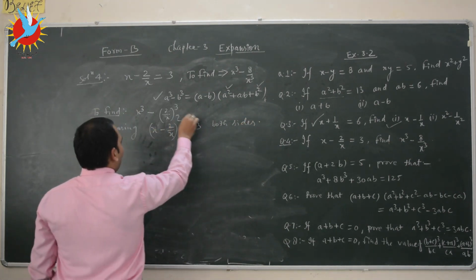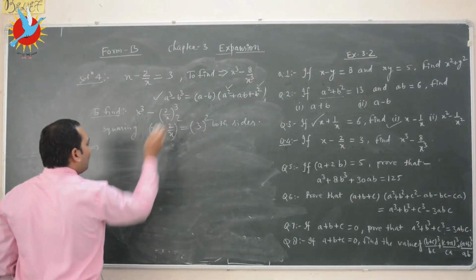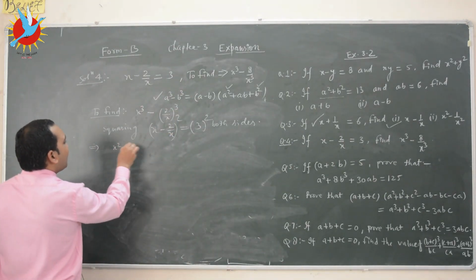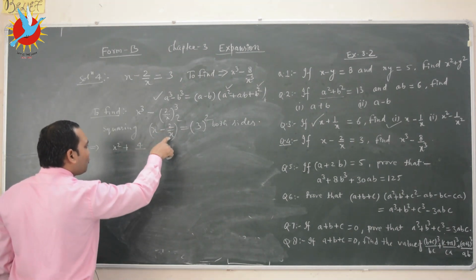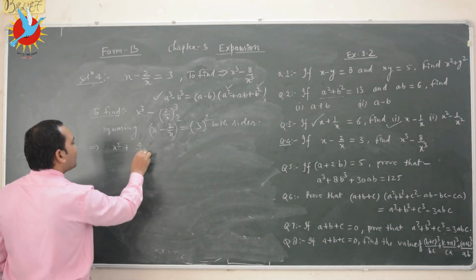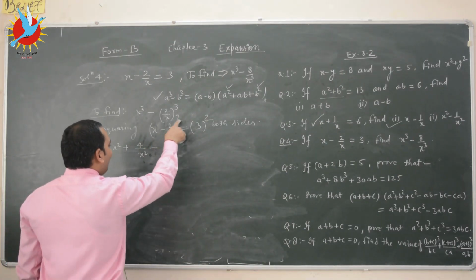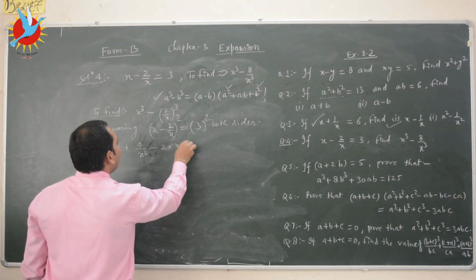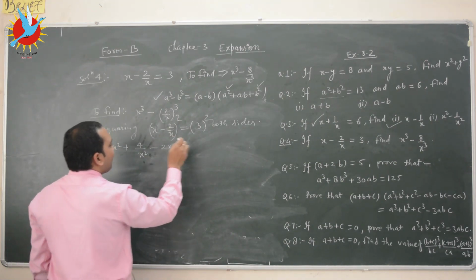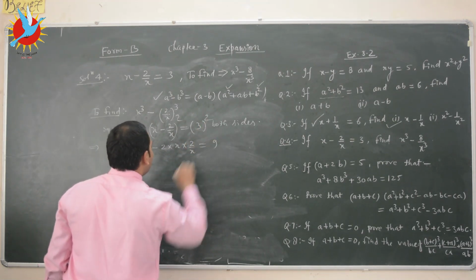So when we square this, it will be a minus b whole square, that is a square plus b square minus 2ab. A square means x square, b square means 4 upon x square, and minus 2ab, x into 2 upon x, which is equal to 3 square, 9.